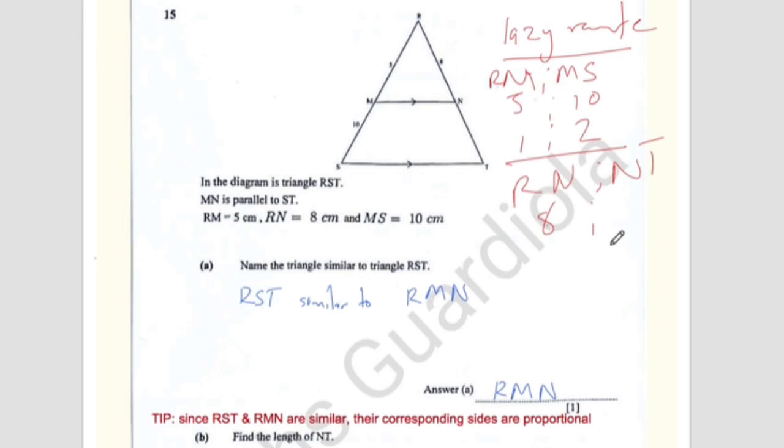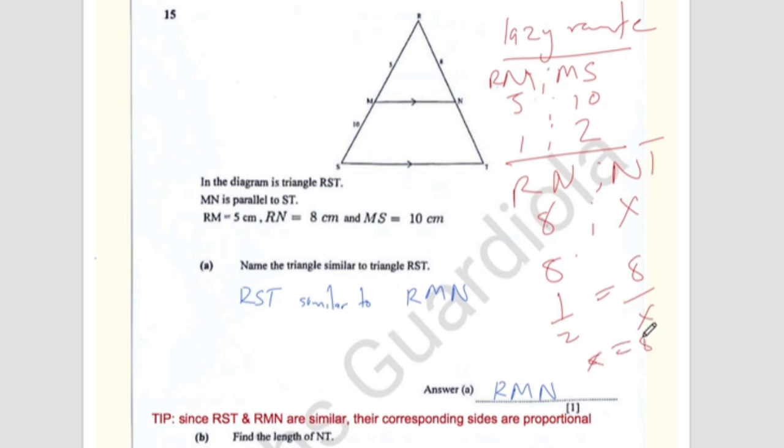In this case, it would be 1/2 equals 8 over NT. Once you do that, then it's simple. We are just going to solve it like we did the first time. So it will be 8 over 1/2 is equal to 8 over NT, which is our x.